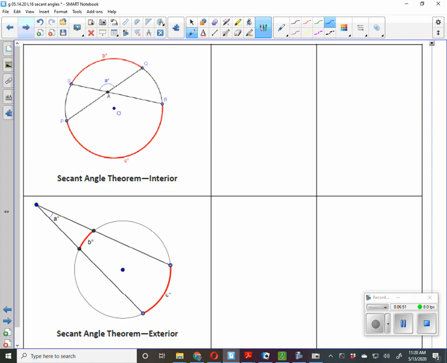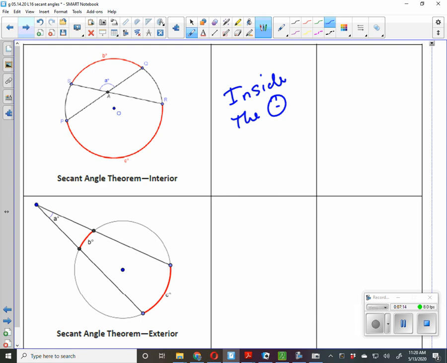The next one, we've got an angle that's on the inside of the circle. Sorry, I didn't have the microphone close enough. Hopefully you guys heard some of that.